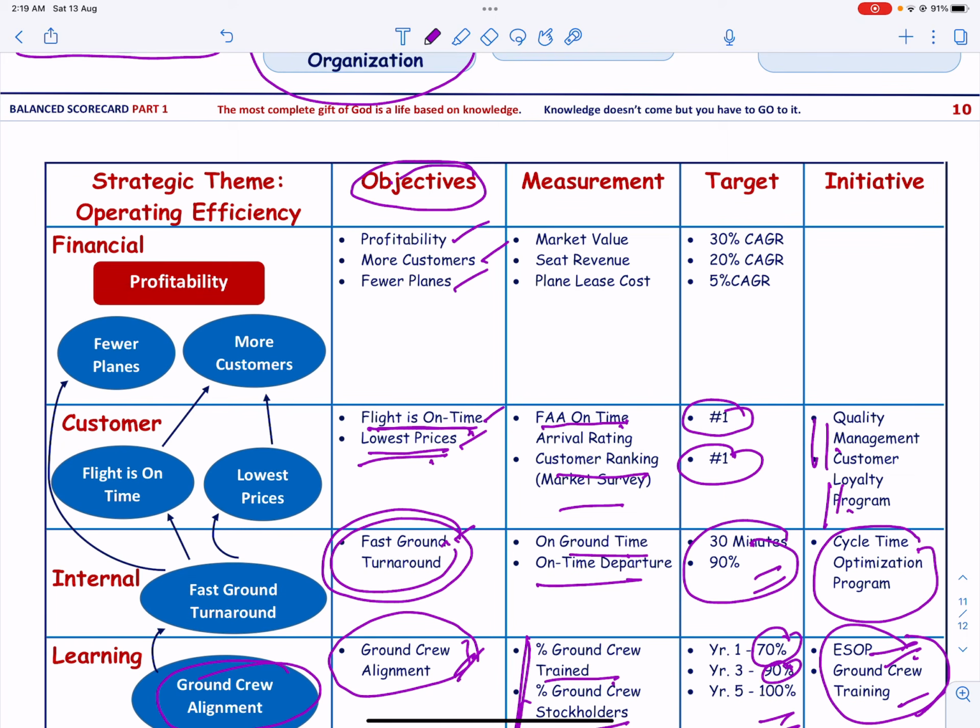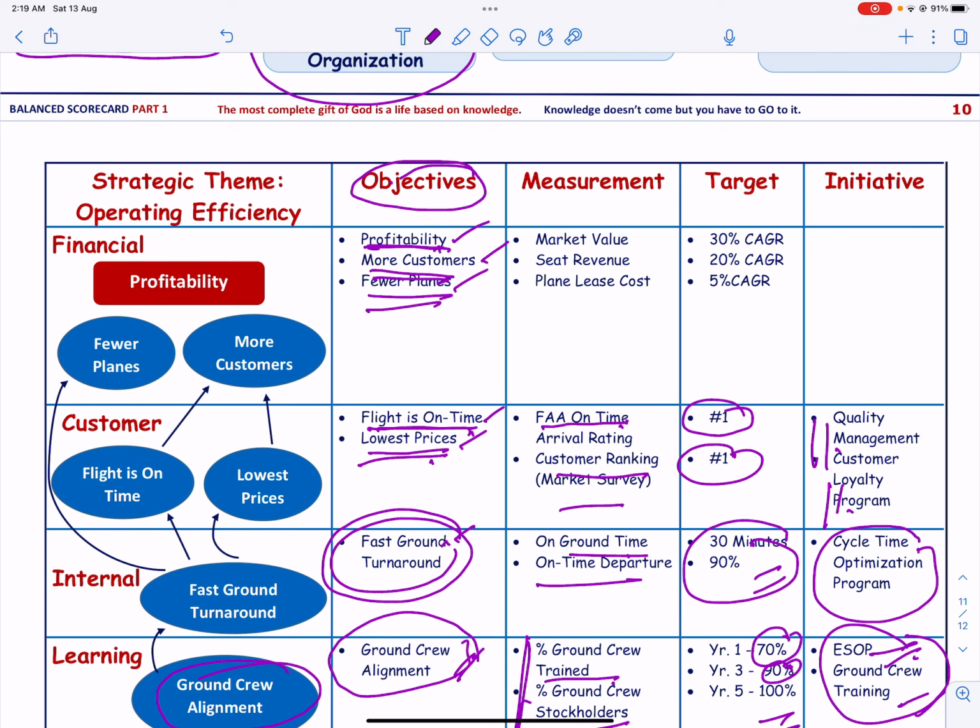If customers are happy, they will buy more tickets and the company will have higher profitability. So the company is able to earn more profit, have more customers, and fewer planes.